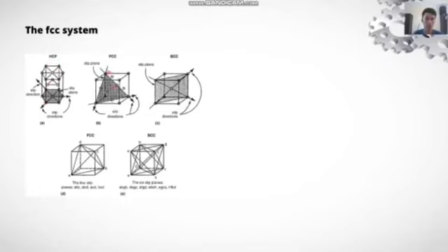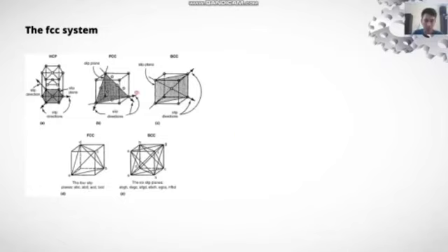This picture shows HCP, FCC, BCC, and FCC again, and BCC again. In close-packed structures, slip nearly always occurs along the planes of densest atomic packing, or close-packed planes.